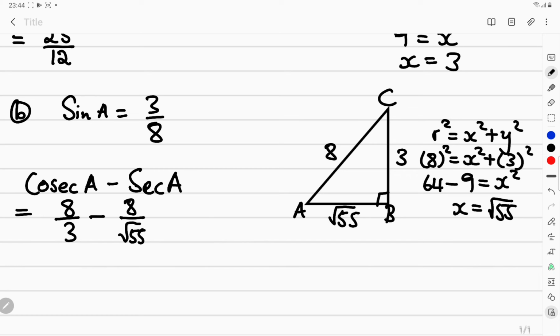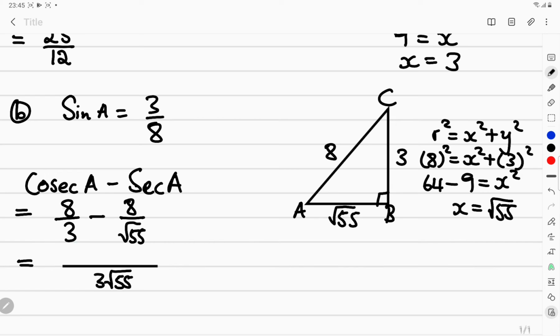So what we need to do is look for the LCM. Knowing your maths, your LCM automatically is 3 square root 55.